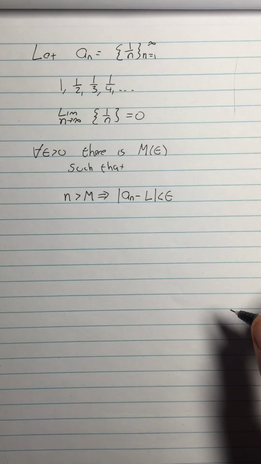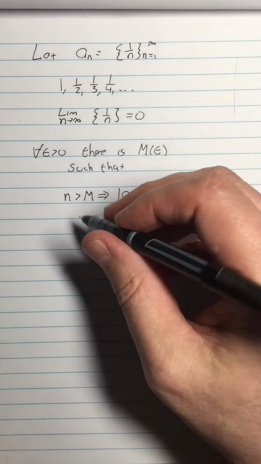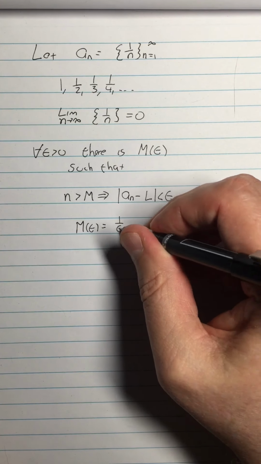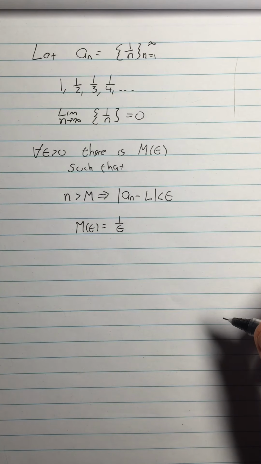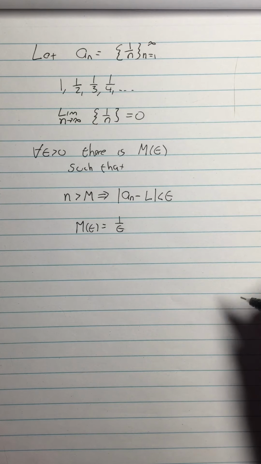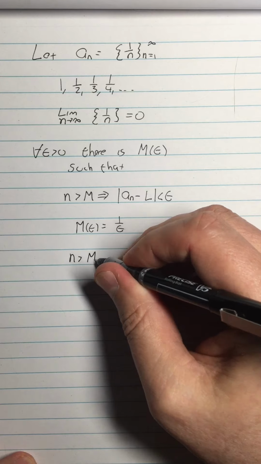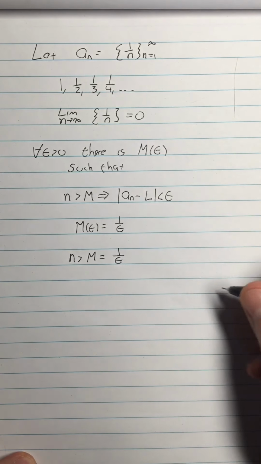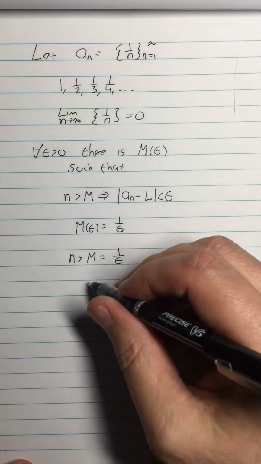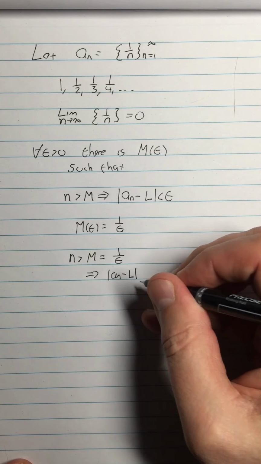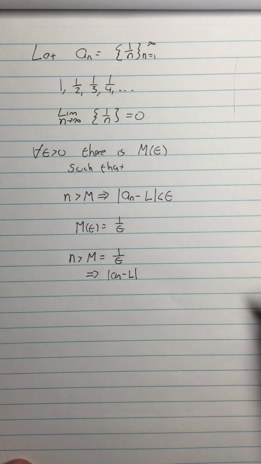All right? So for this particular limit, it's actually easy to see what that value is. The m for every epsilon is equal to 1 over epsilon. So what happens then is if n is greater than m, which is equal to 1 over epsilon, then what happens with the absolute value of a sub n minus L?